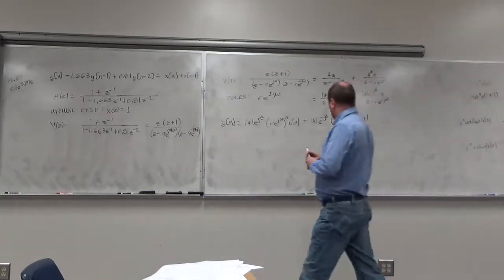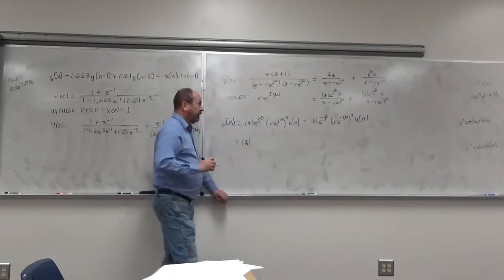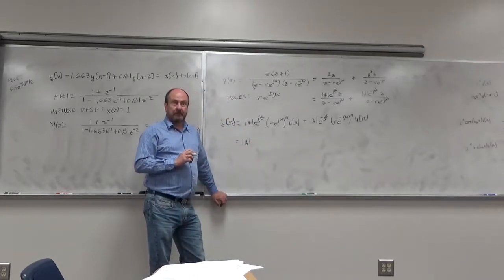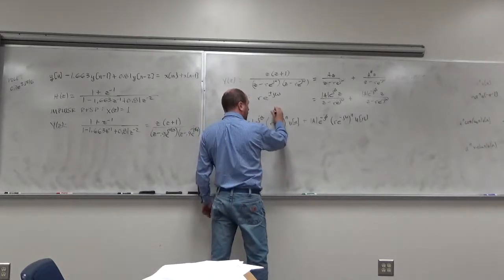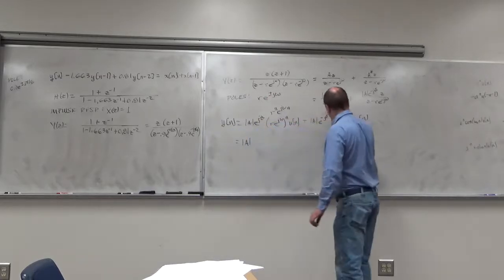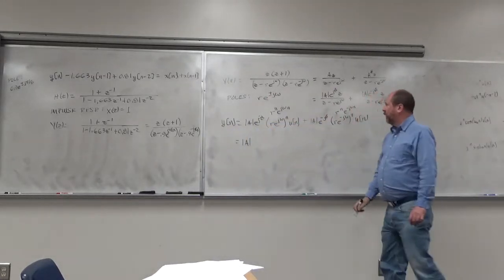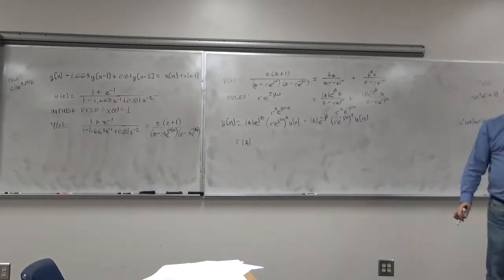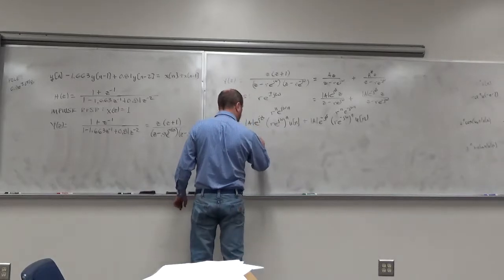So one common term is magnitude of A. E to the j theta is not common. U of n. This is going to be r to the n e to the j omega n, and this one is going to be r to the n e to the negative j omega n. What do you get? Another common term? R to the n, okay, times r to the n.